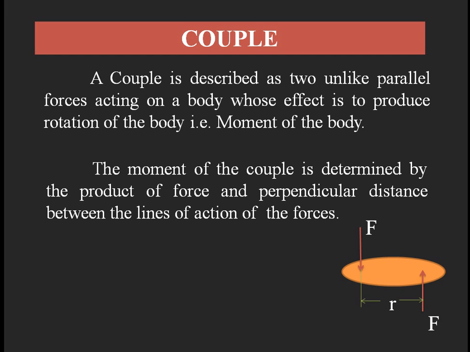Both forces are equal, so we consider any one of them. So we take one value of the force, F, into the perpendicular distance between the two forces, R. So the moment of the couple, that is the magnitude of the couple, is equal to F into R, force into perpendicular distance. That is the way of calculating the couple whenever two equal unlike parallel forces act on a body.